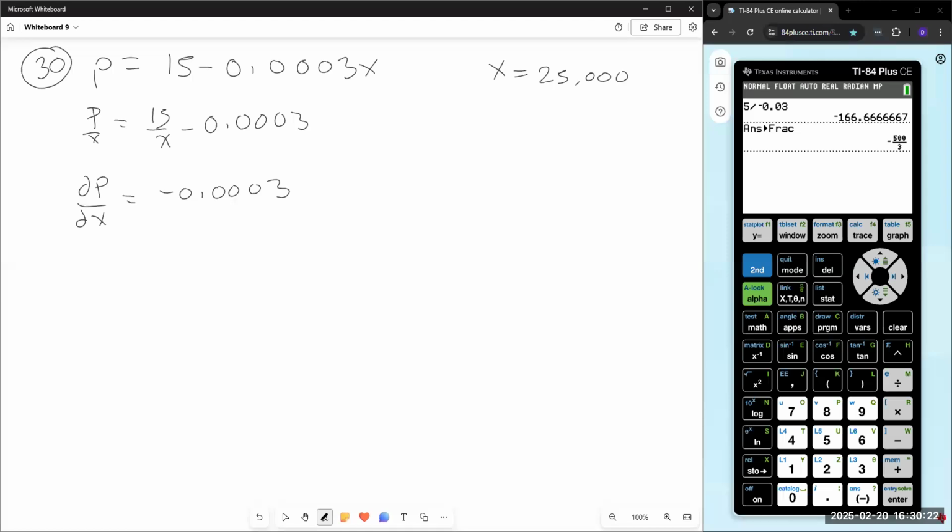So eta is going to be 15 over X minus 0.0003 divided by negative 0.0003. 15 divided by negative 0.0003 is going to be negative 50,000.